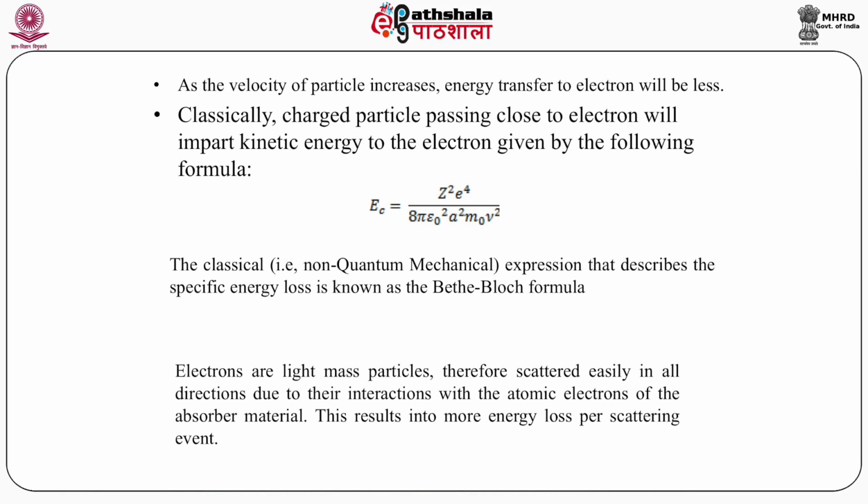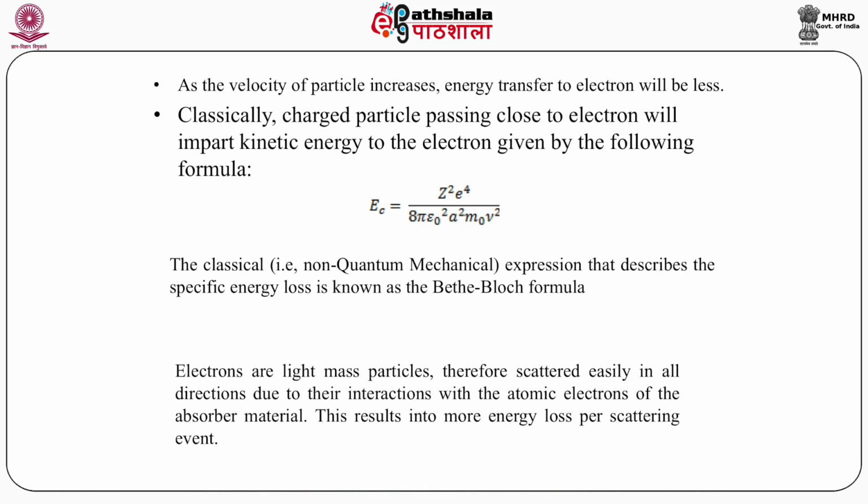The classical, that is non-quantum mechanical, expression that describes the specific energy loss is known as the Bethe-Bloch formula. This is a classical interpretation of the dose or the range of the particle in the medium.